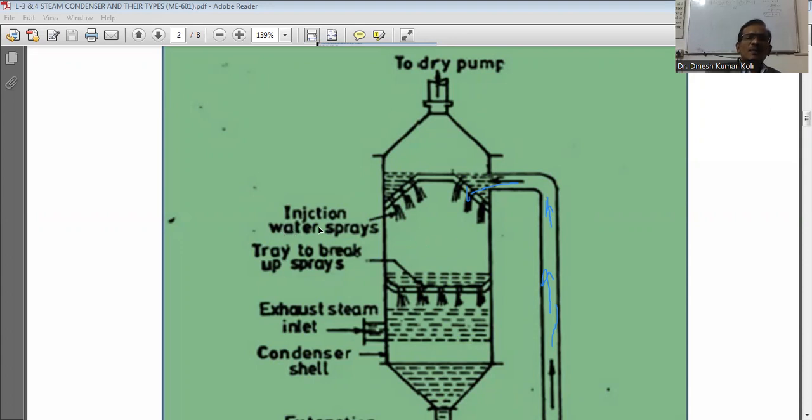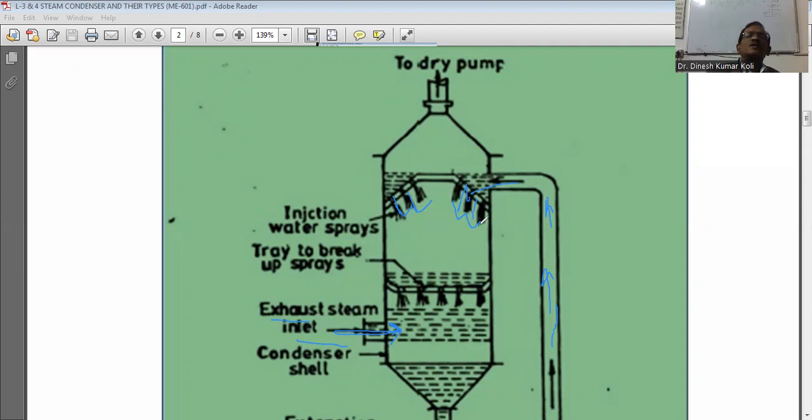Now from the left hand side, you will see the injection water spray. Here from this spray, we are injecting water. So water is coming from these sprays from both sides. Now, the exhaust steam inlet: from the downside, the exhaust steam will enter. From the lower side the steam will enter, and from the top side through the sprays, water is coming.